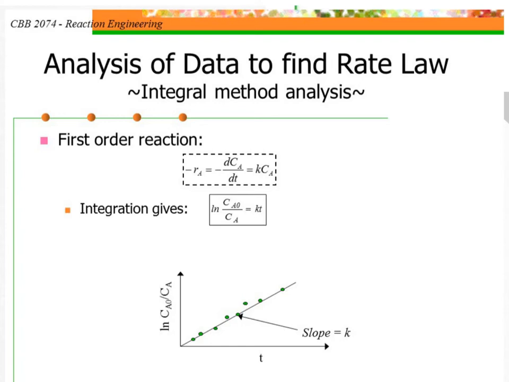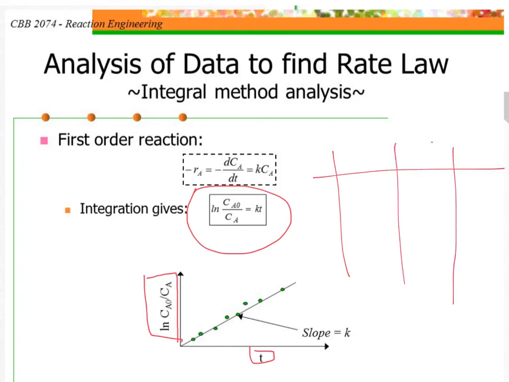For a first order reaction, the difference is that you have to plot this particular graph where the y-axis is ln(CA naught over CA) versus T. Initially you have the table again, T and CA, and then you plot ln(CA naught over CA).